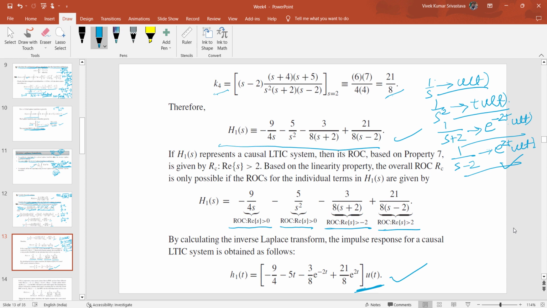Here s is greater than 0, here also greater than 0, here greater than minus 2, here greater than 2, meaning all these are right sided signals.